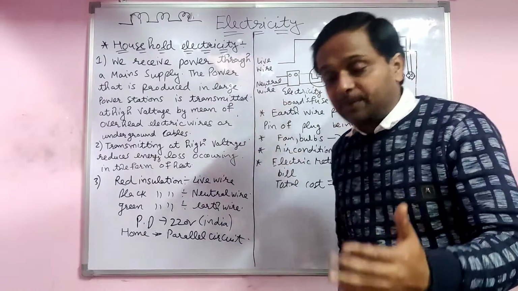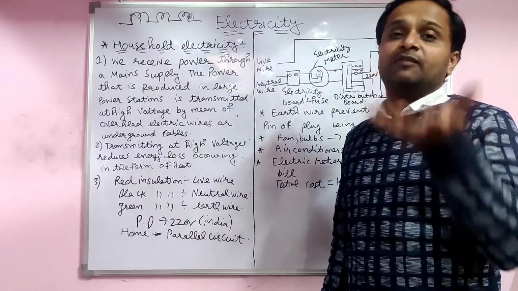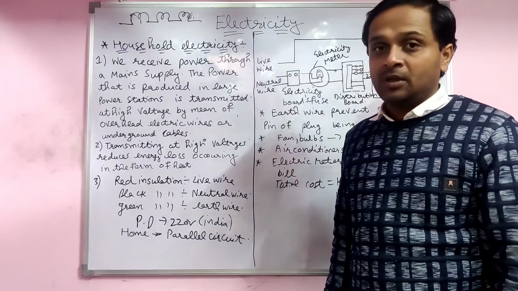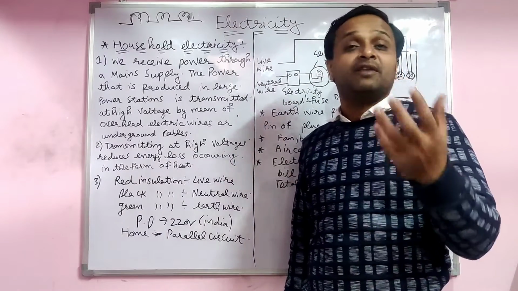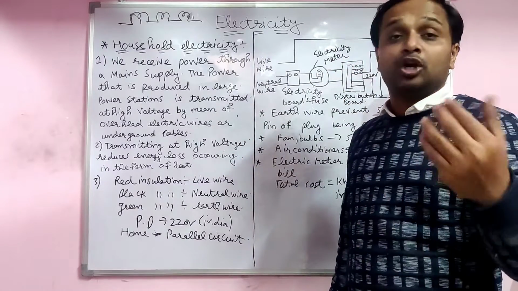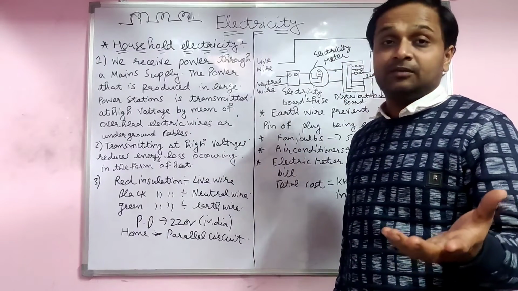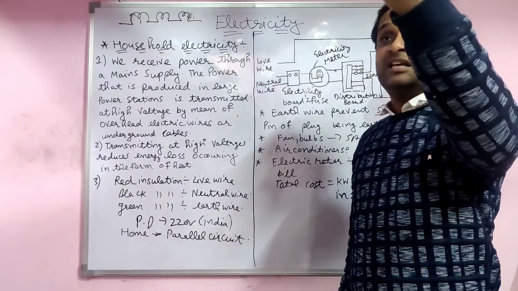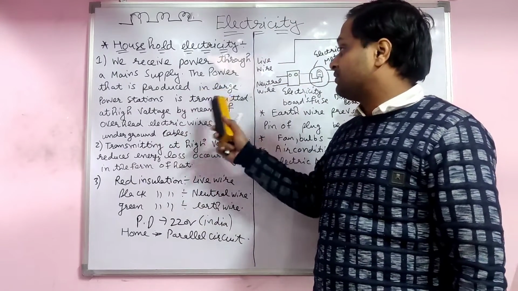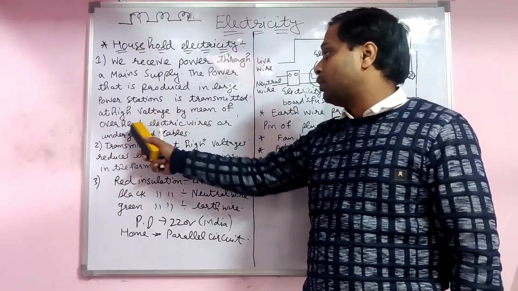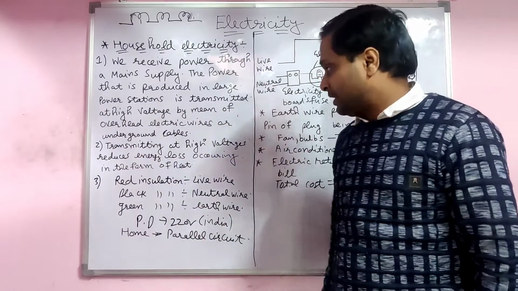And what does the step up transformer do? It steps the voltage up to 11,000. Then it is easy to travel the long distance near your home, because they spend a lot of energy, and sometimes on the way the energy is lost in the form of heat. Large power is transmitted at high voltage by overhead electric wires or cables.